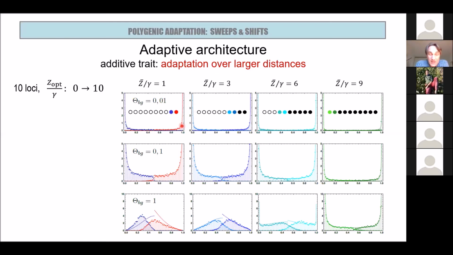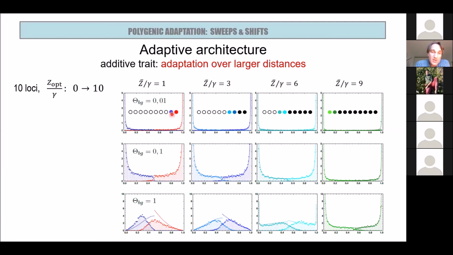And now these colors and dots. These are the 10 loci that we have here. And the ones that are colored are always the allele frequencies that are displayed in this figure. So red has almost fixation. This is a locus that has swept. This is the locus with the largest allele frequency.